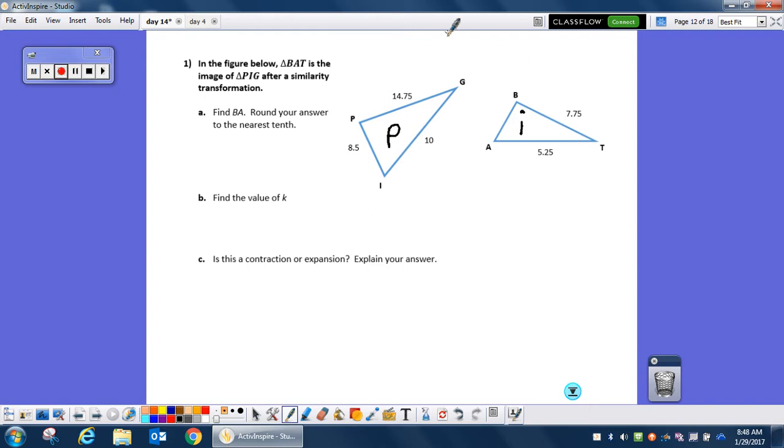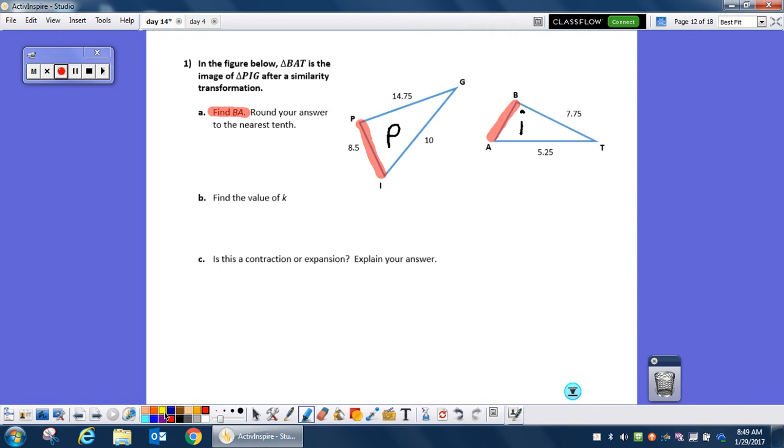So the first thing you should notice is that the triangles are not facing exactly the same way, which means you need to make sure you use the order of the letters to help you find your answers. So if we want to find the length of BA, what I like to do is highlight the length of BA, and then I also highlight its corresponding length in the other triangle.